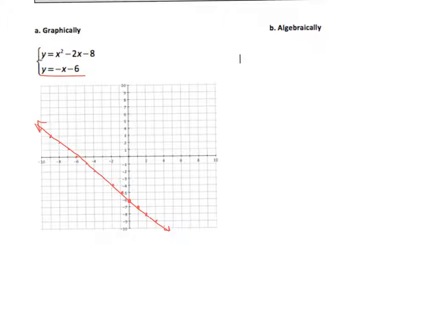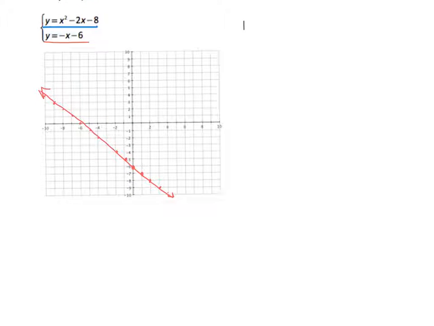And the way you do that is the same way that you have been doing in level 2s and 3s. So this one is in standard form. So I'm going to find the vertex. It's going to be the opposite of b, so 2 over 2 times 1. It just equals 1.